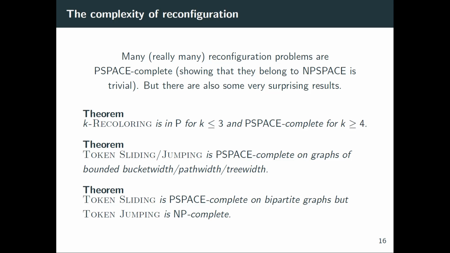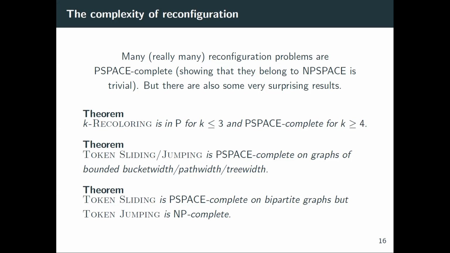But there are also some extremely surprising results. And these are some of my favorite results in the area. So for example, you all know that coloring is NP-complete even for k equals 3. However, it turns out that if you try to solve the recoloring problem for k equals 3, it's actually polynomial time solvable.